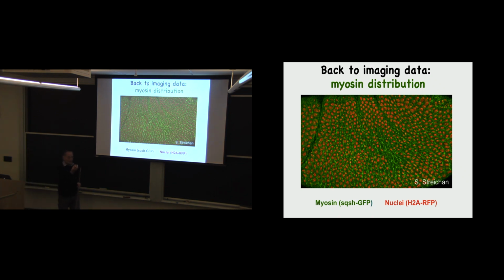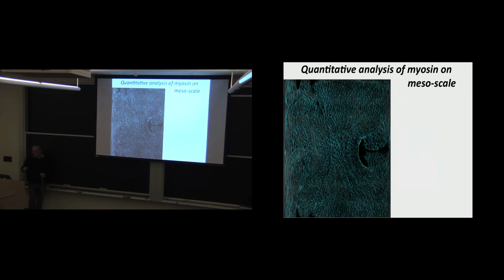A very important thing here is that myosin should be thought of as a tensor. So here is another imaging exercise. Myosin is green, so you see a lot of myosin in this embryonic epithelium. But we need to look a little bit more closely. In this image, you don't particularly see cells. You're just looking at myosin, but each little segment of myosin always aligns with the cell edge, right?